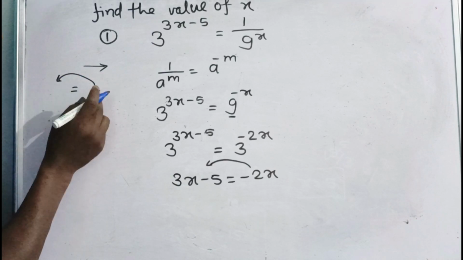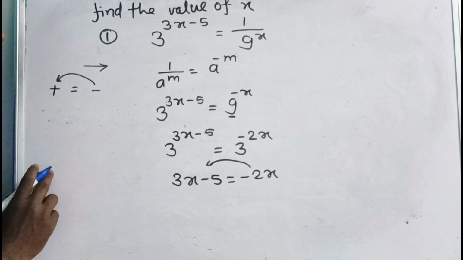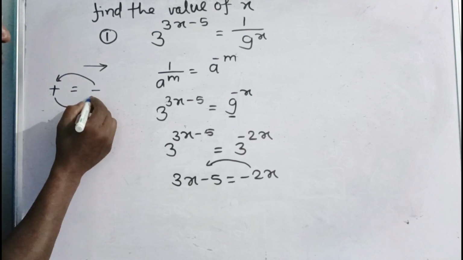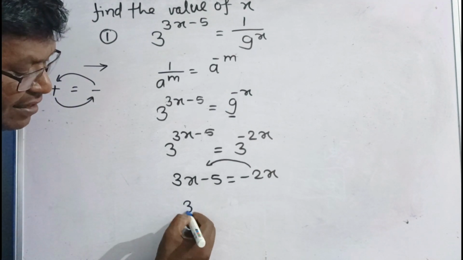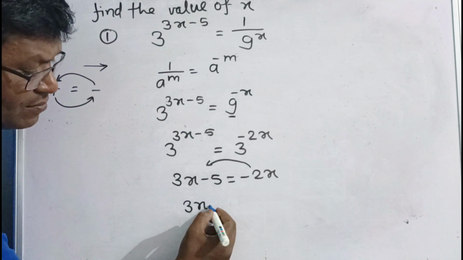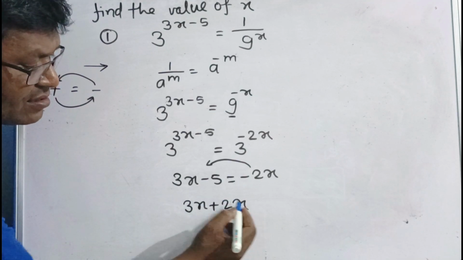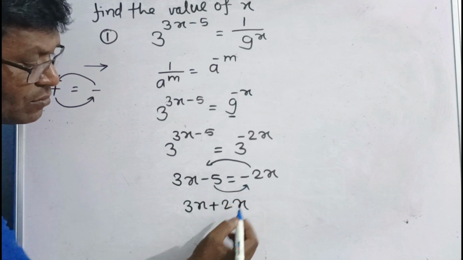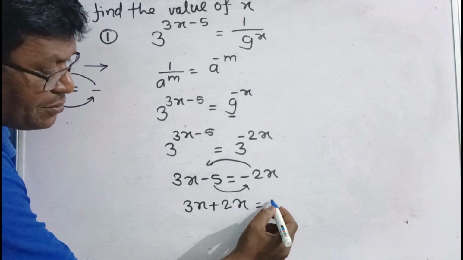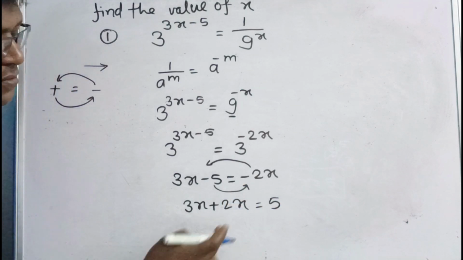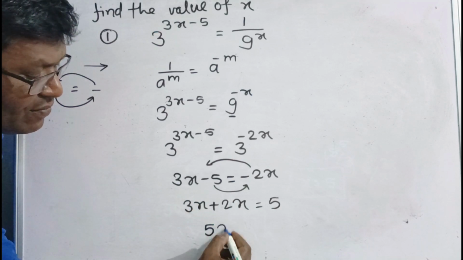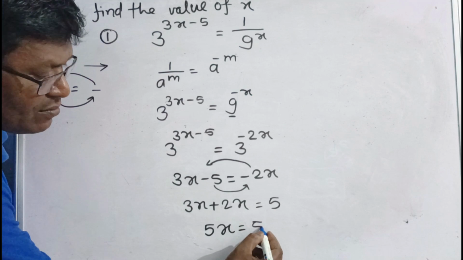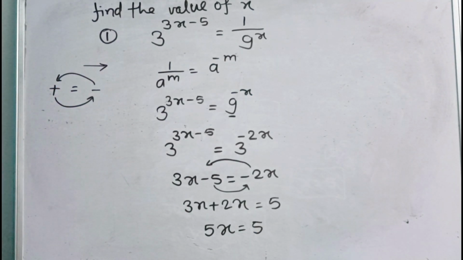साइड चेंज करता है तो इट बिकम्स प्लस, और प्लस चेंज करता है तो माइनस. 3x प्लस 2x. ये 5 इधर लेके जाएंगे इज इक्वल टू प्लस 5. 3x प्लस 2x, 5x is equal to 5.